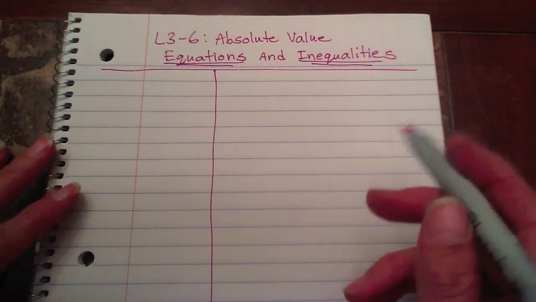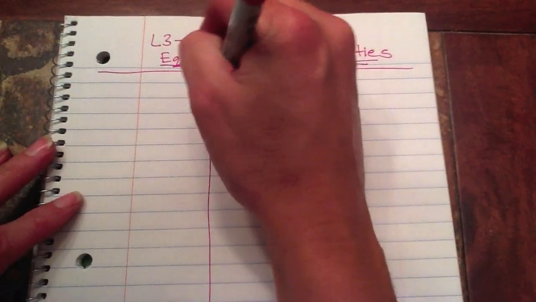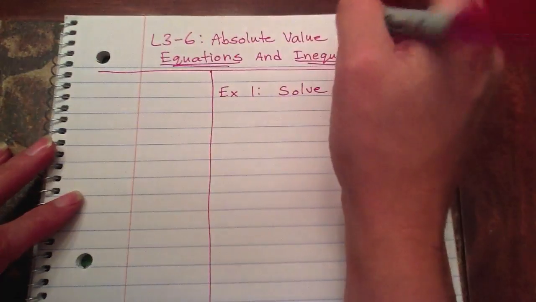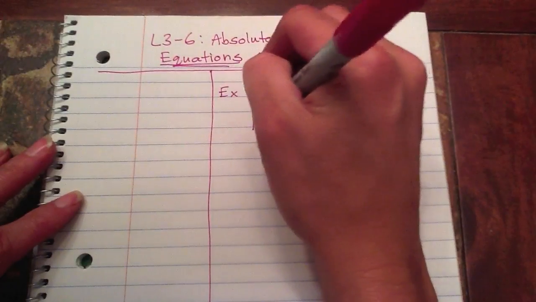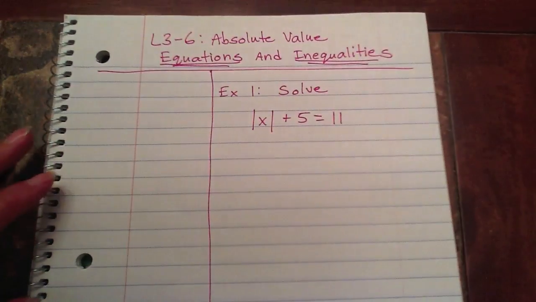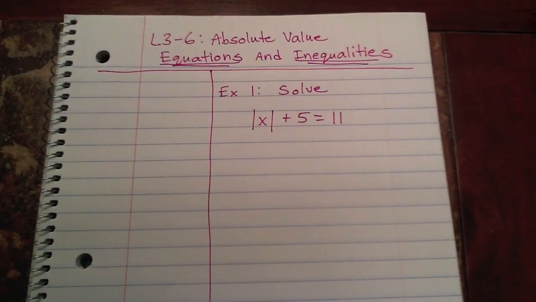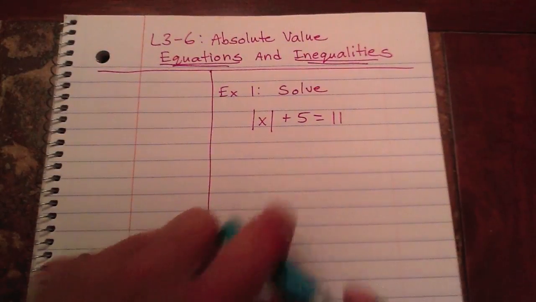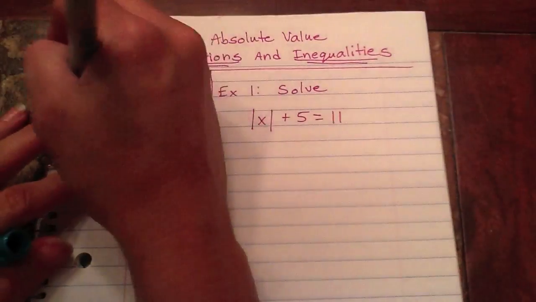So equations we're going to start with. Example 1 asks you to solve absolute value of x plus 5 equals 11. Here's the key to these: you're trying to isolate the absolute value. That's the first deal with these.